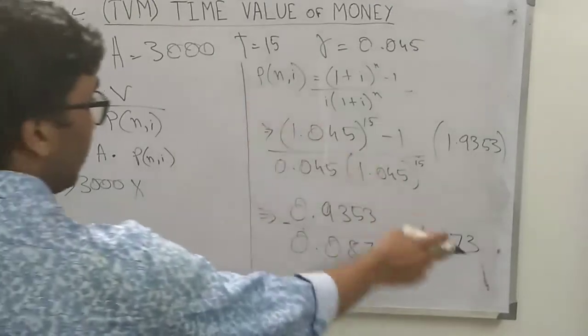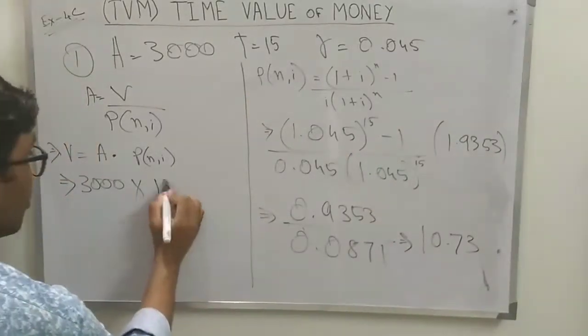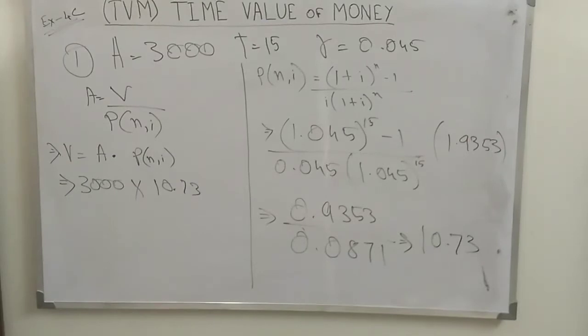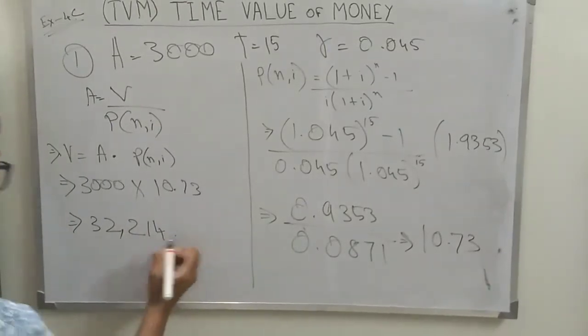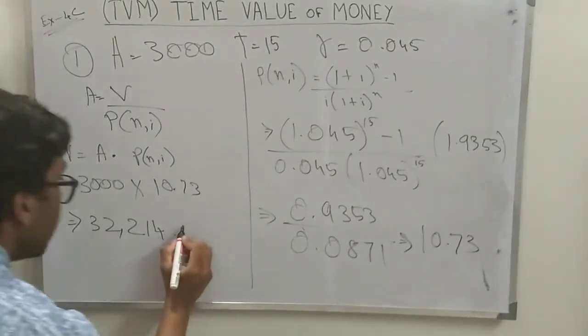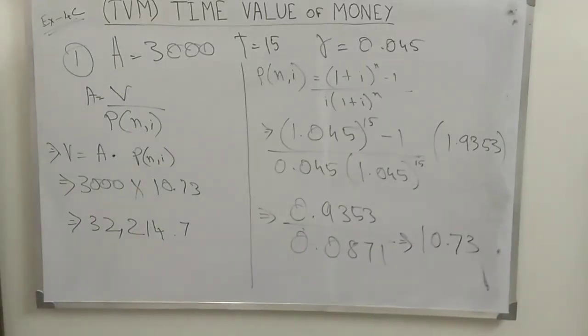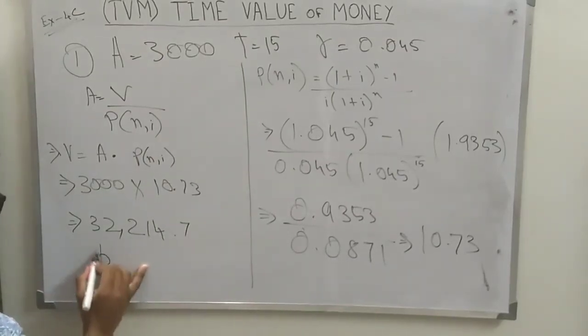The value of PNI is 10.73. That means 3000 into 10.73. Thirty-two, 21469. See, the closest option in the book is given as 32,218.63. That means it will be option number B.